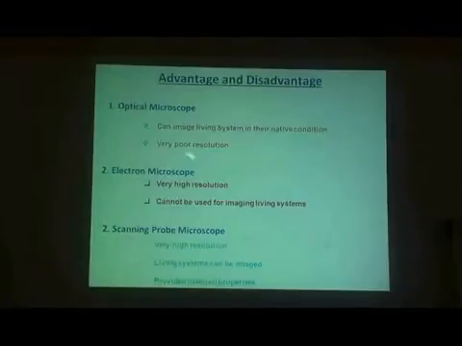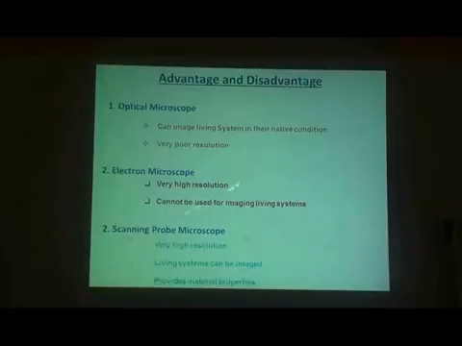When coming to the electron microscope, the importance is that you can even see the atoms with a 300 kV electron microscope. But the problem is that you cannot use it for living systems or very soft samples. One of the major problems is that in order to use the electron microscope, you need very high vacuum, and under such high vacuum conditions most living cells will die.